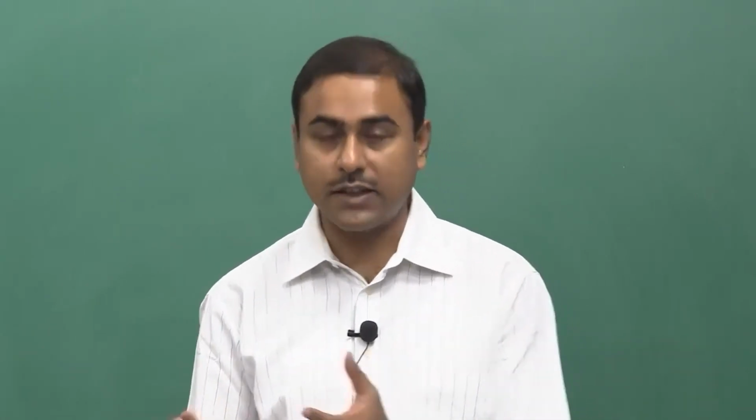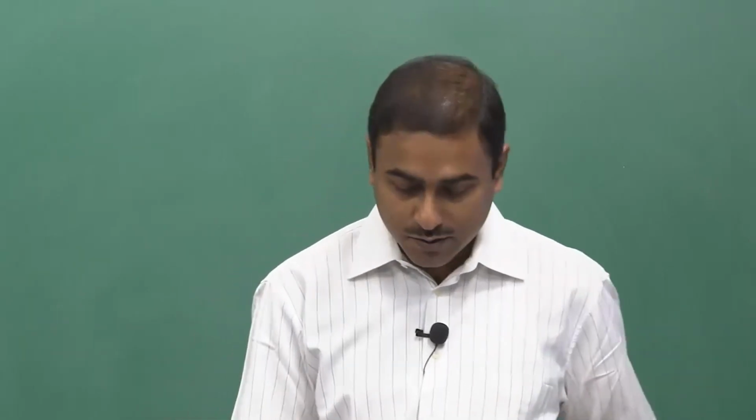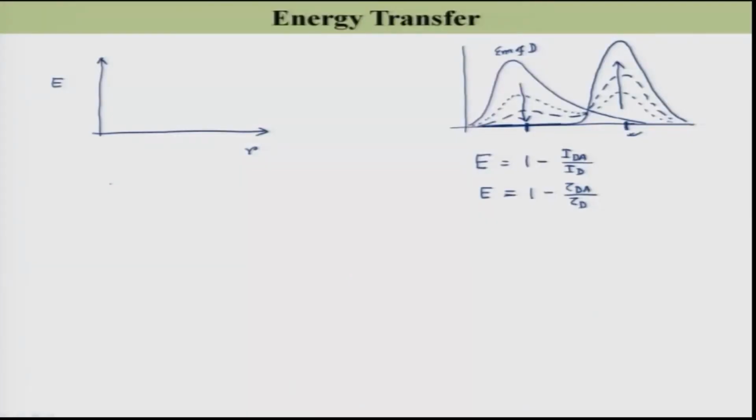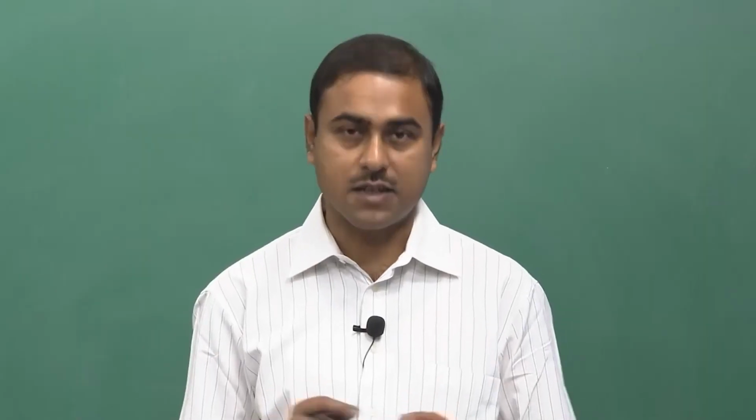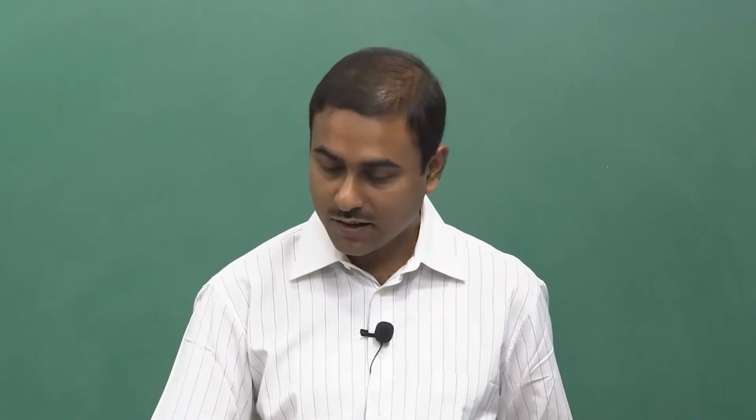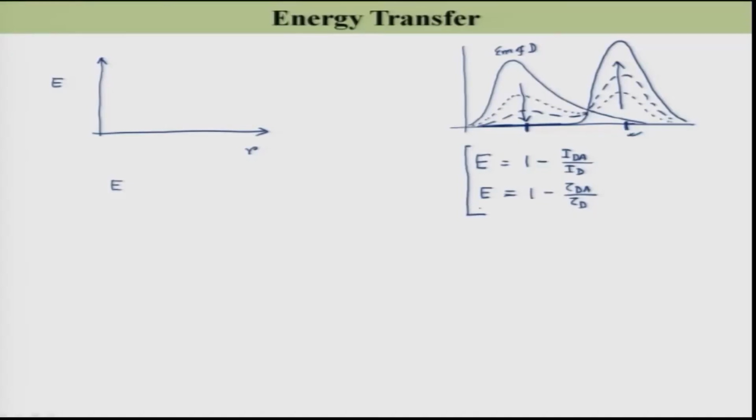What equation do I already have? I have this equation involving the efficiency of the energy transfer as well as R, the distance between the donor and acceptor. By this I will calculate the efficiency: capital E equal to 1 over 1 plus r by R_0 to the power 6. With this I will plot.